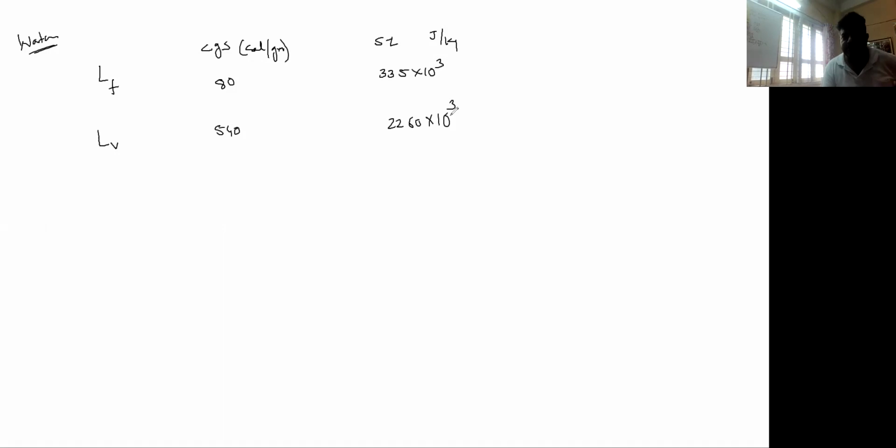Now, the most important part is here. Suppose for a solid like ice, we are starting from minus 40 degrees centigrade for m amount of water. First this ice at minus 40 degrees centigrade becomes ice at 0 degrees centigrade.